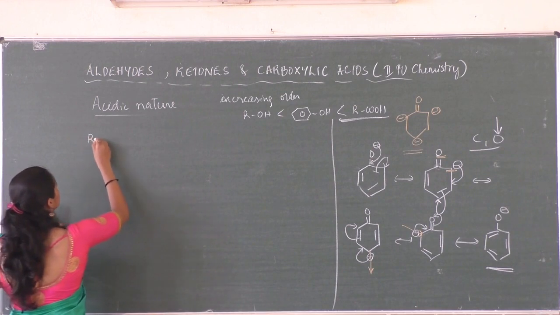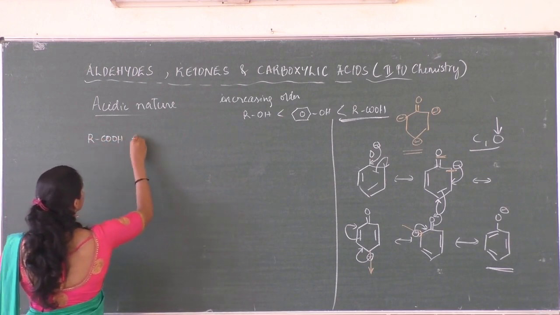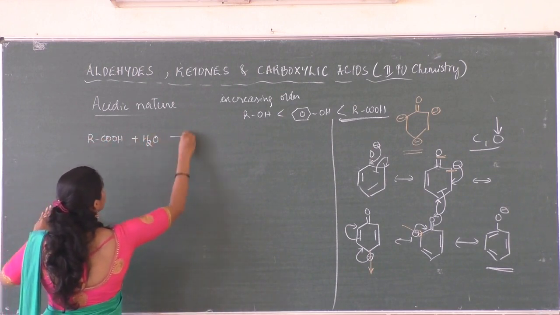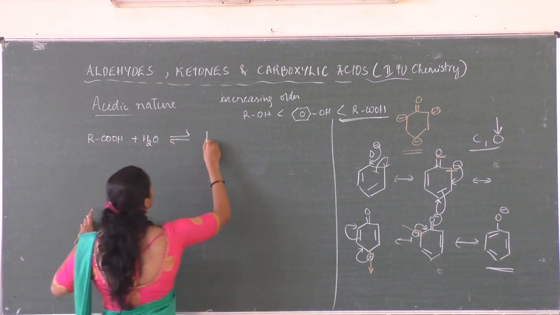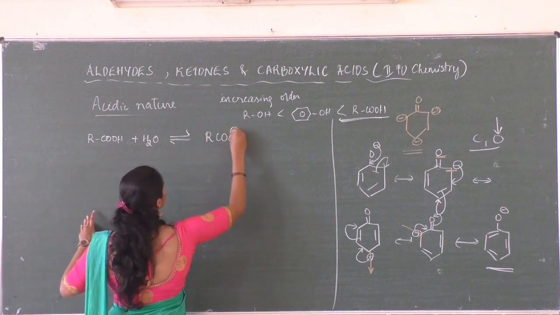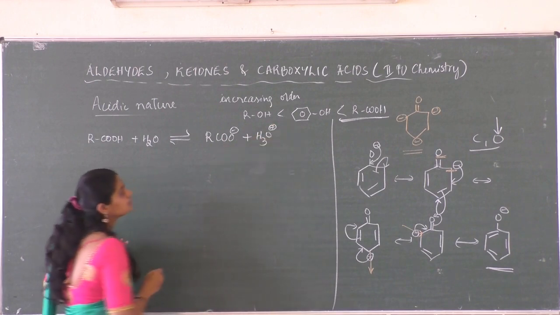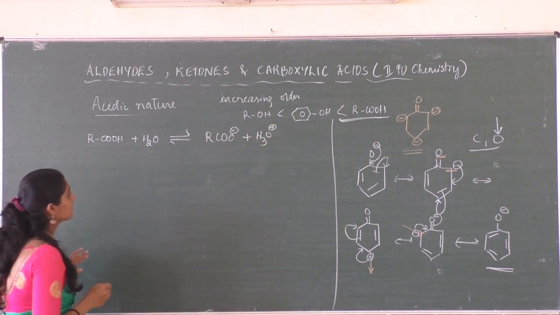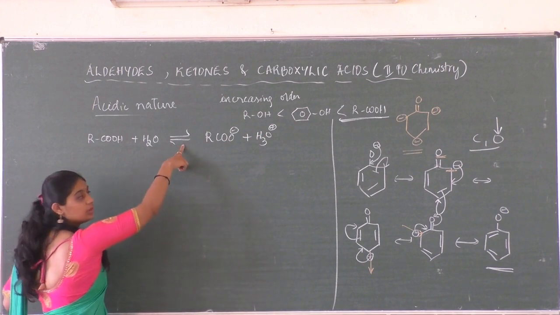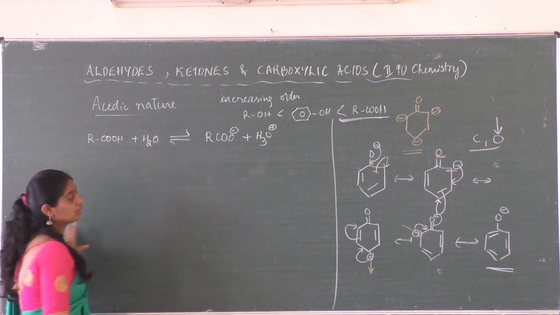RCOOH is the carboxylic acid. When it is dissolved, it forms RCOO minus plus H3O plus. So an equilibrium exists between these two.